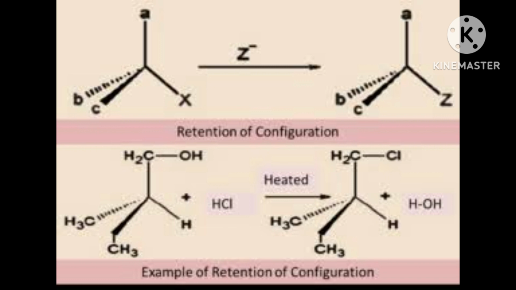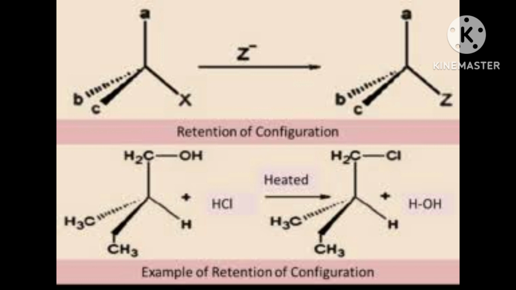Now all structures are the same: H, CH2, methyl and ethyl. Their arrangement has not changed in the product. CH3 is down, H and CH2 are above the paper, and the ethyl is on the paper.